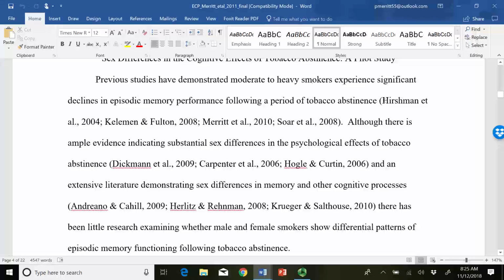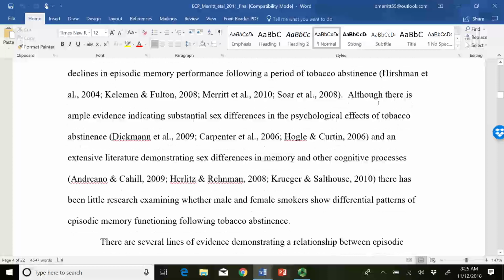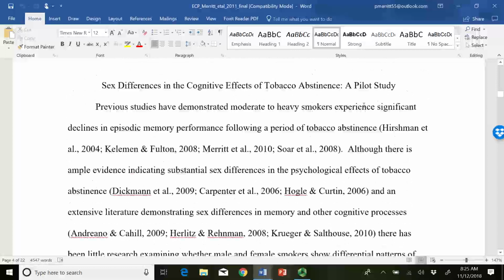Anytime you make a factual claim about studies, about an effect, you have to have some sort of research backing that up. And so here we have those studies backing that up. In this particular study, we're talking about sex differences and cognitive effects of tobacco abstinence.